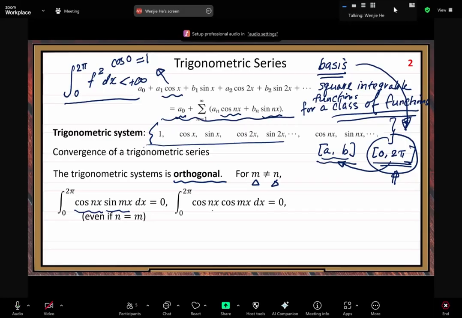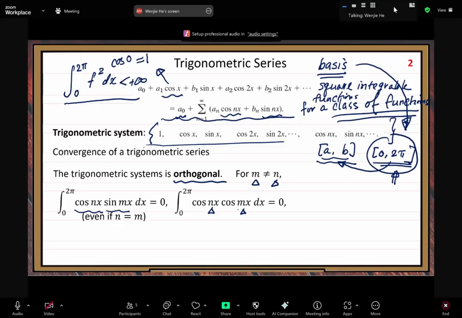Then for two functions of the same type, both cosine, the two integers must be different. If the two integers are the same, cosine squared is positive, so the area of cosine squared must be positive. It cannot be 0.